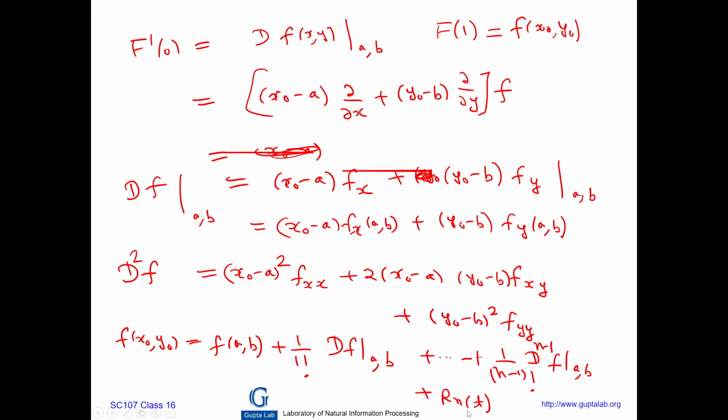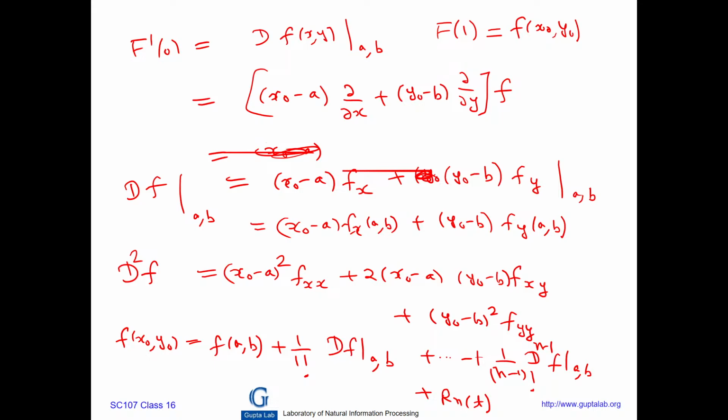So I have just computed this value right here. Similarly, the second term and so on, you can keep on doing this same thing up till the remainder function is there. Everything is with respect to t.